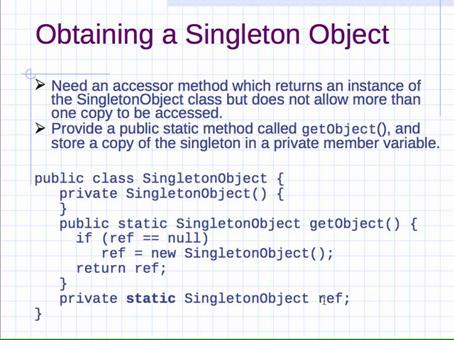Okay, so I'm going through it in a lot of detail, but I'm hoping this makes sense. What you've done, by making the constructor private, is make sure that there's only one way to access the Singleton object constructor, and you make a reference to the same kind of object, Singleton object, as the class that you're in, and make it static, so that this static method getObject can access it and create a new instance of a Singleton object and then return it.